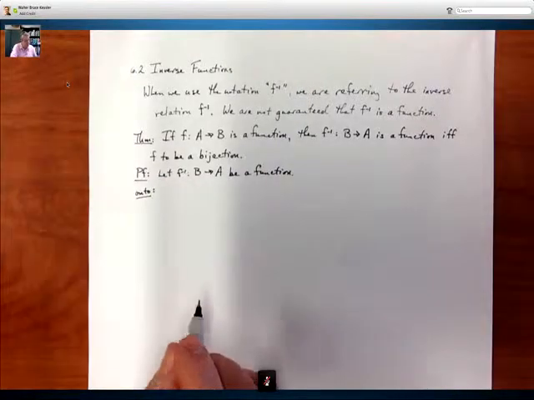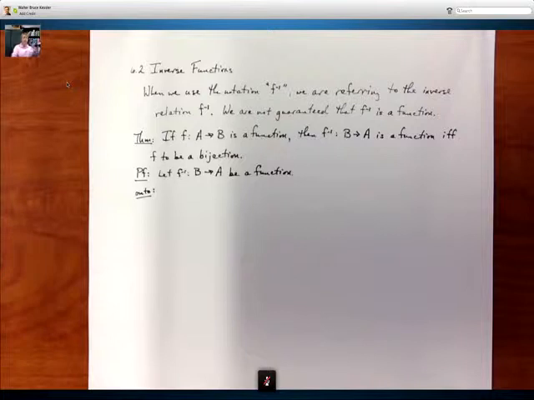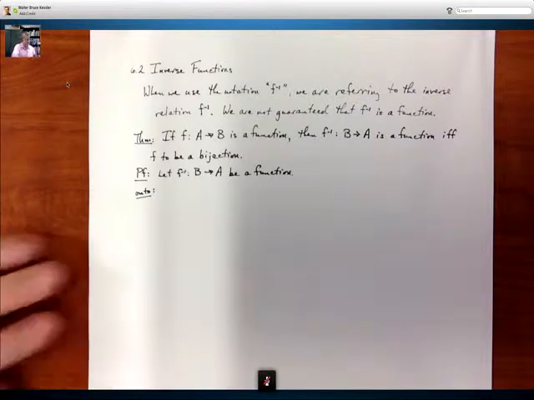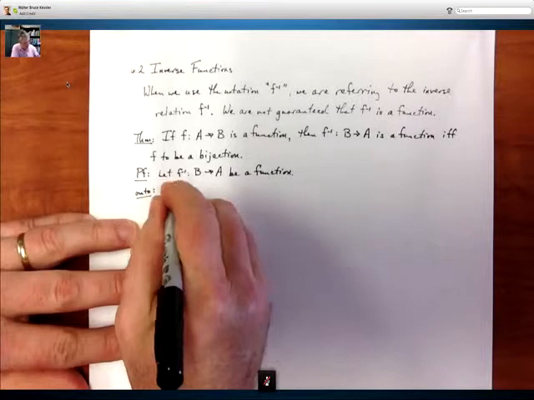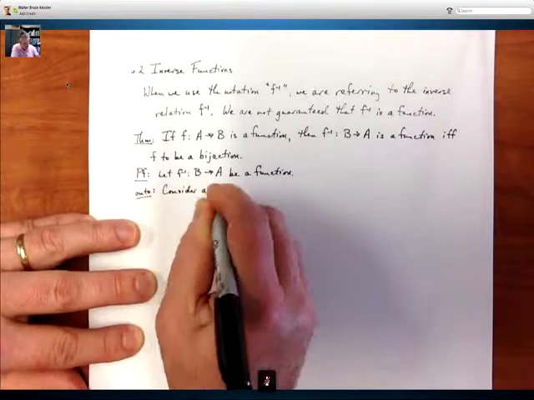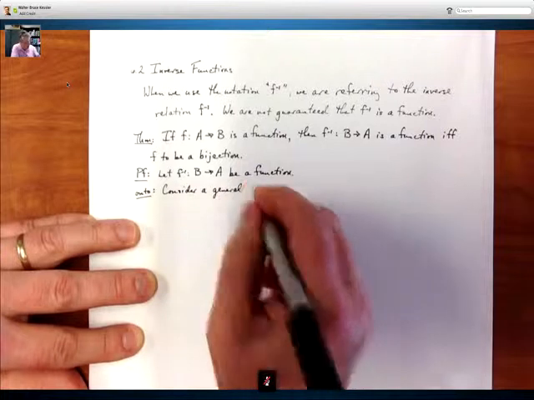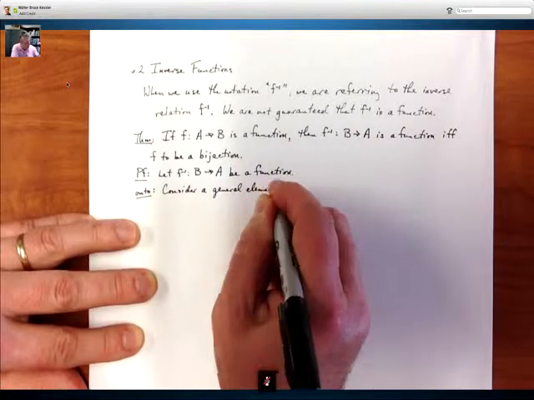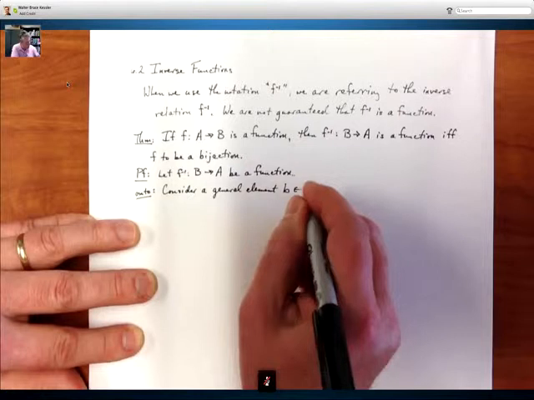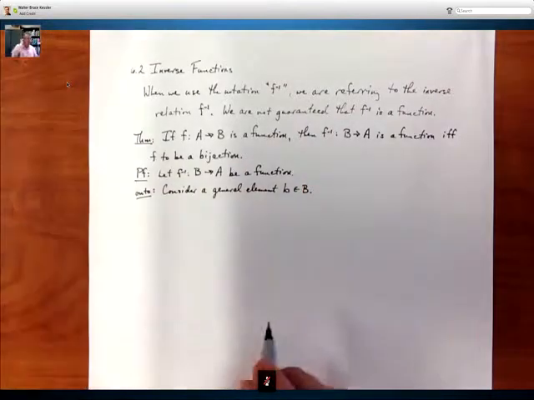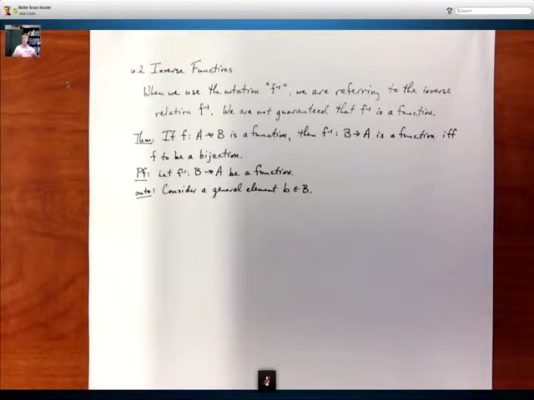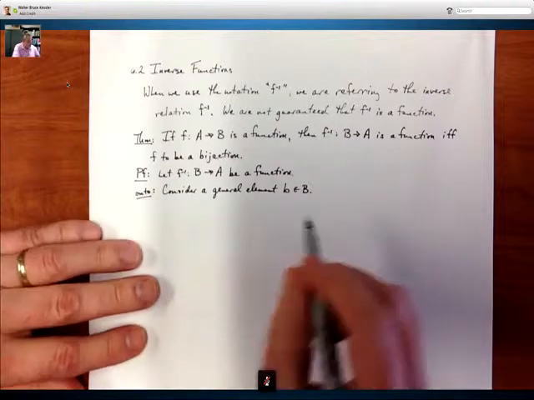Now f goes from A to B, so I need to take some general element out of B. Let's consider a basic element b in the set B. What I need to do is show that b has a pre-image, or that b is the image of some value in the set A.